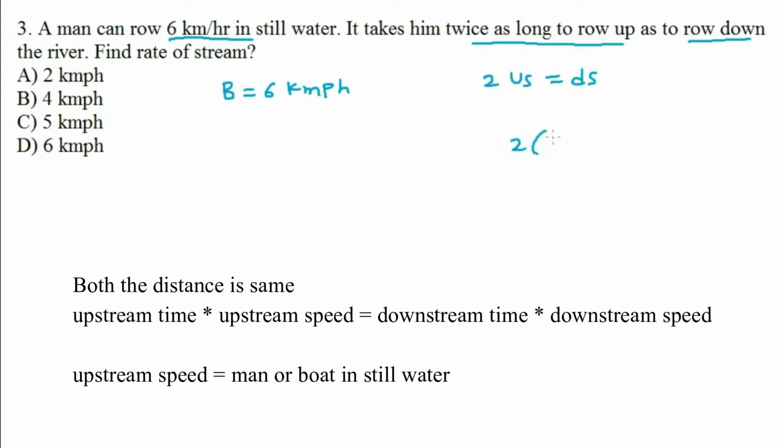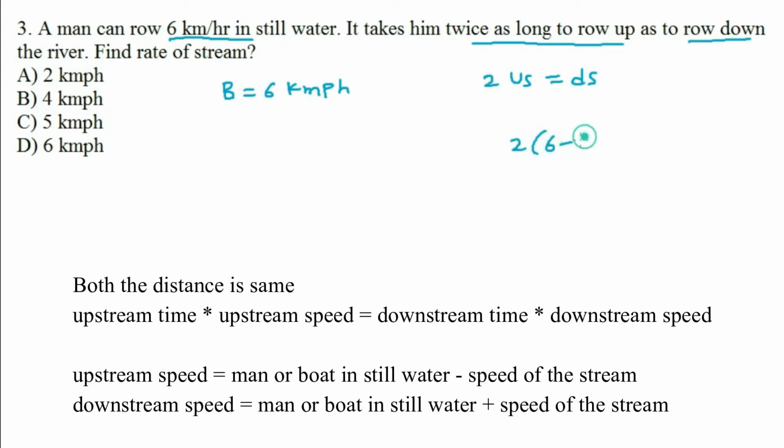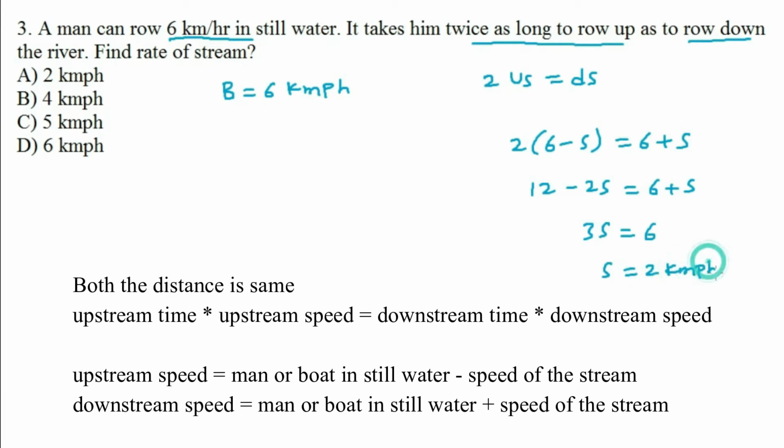So 2 into upstream speed equal to man still water minus speed of the stream equal to downstream speed equal to man still water plus speed of the stream. So 12 minus 2s equal to 6 plus s. 3s equal to 6, s is equal to 2. Speed of the stream equal to 2 km per hour.